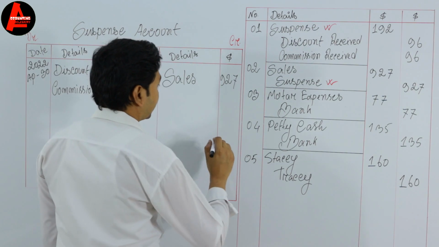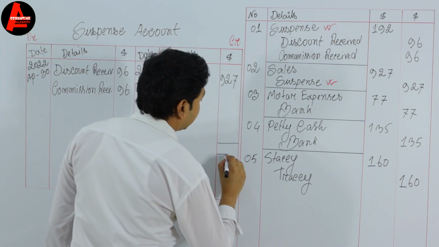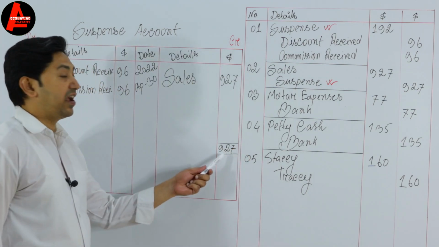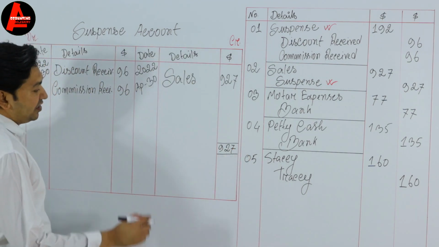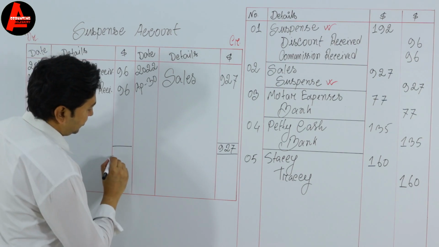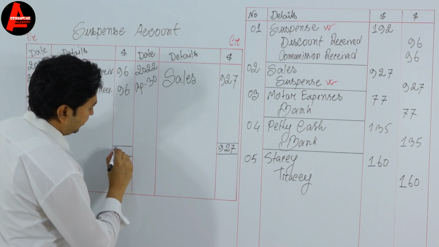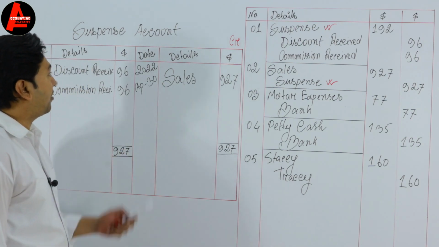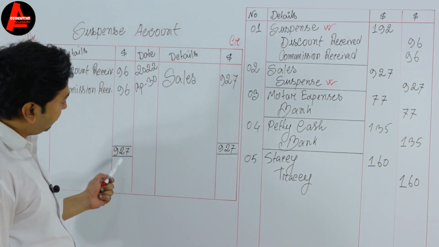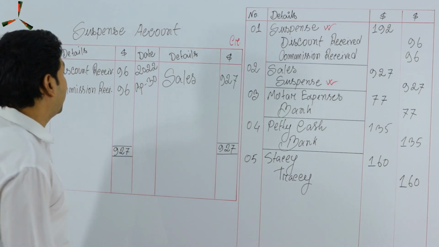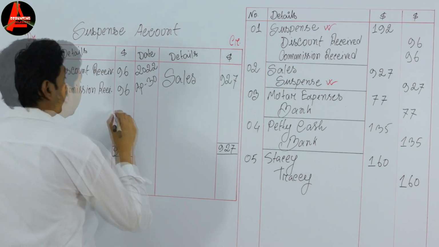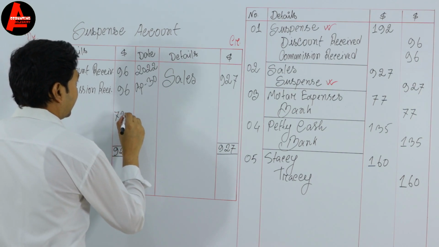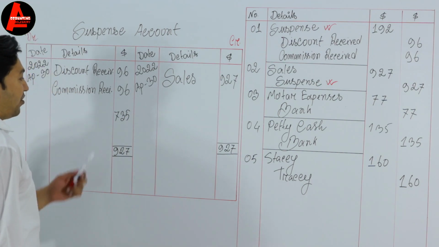Let us sum up this column first. We get 927 as the addition. We take this addition to the opposite side, the debit side, and write 927. Then we have to subtract all these amounts from this total. What do we get if we subtract? We get 735. What is this amount?